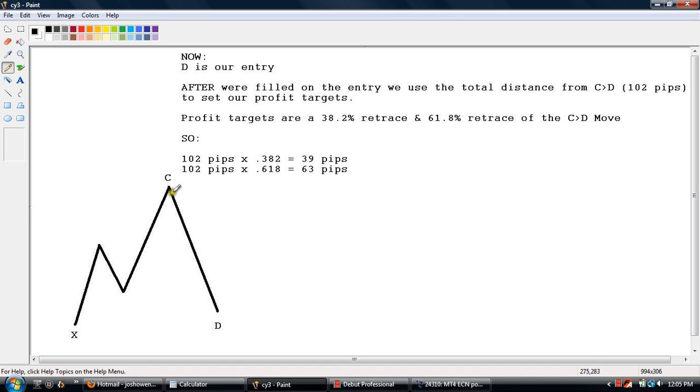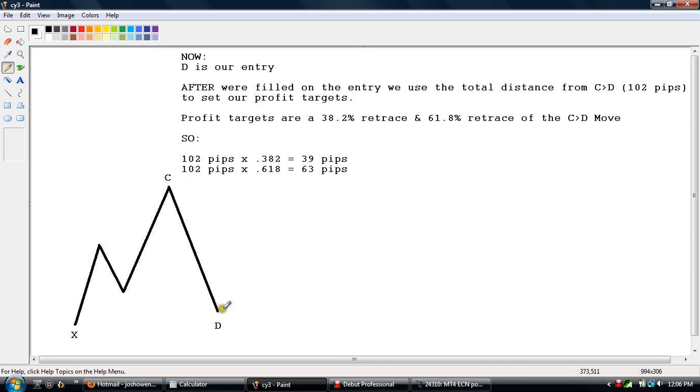And we talked about retraces. Your profit targets are going to be a 38.2% retrace and a 61.8% retrace of the C to D move. Okay?